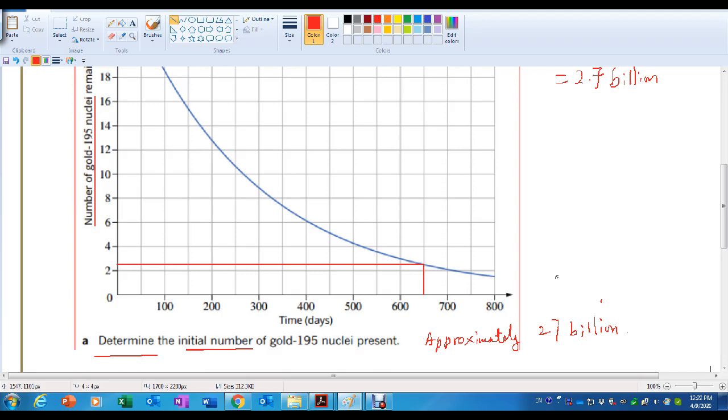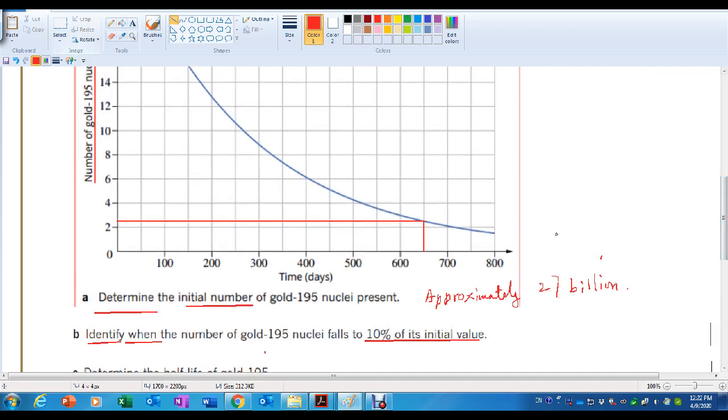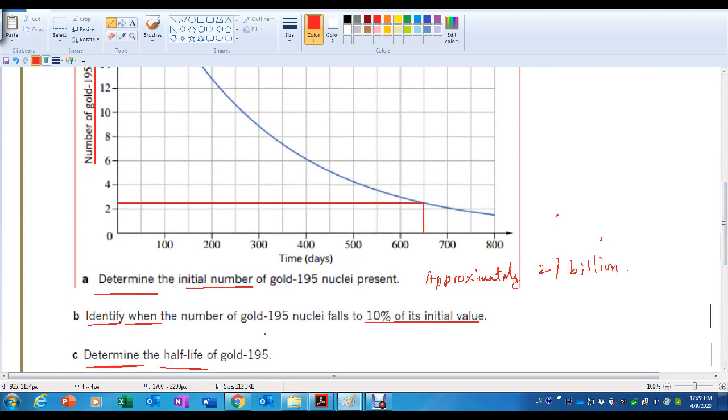Since you need to give a time for your answer, the time is here, approximately around 650. What's the unit? Days, right?